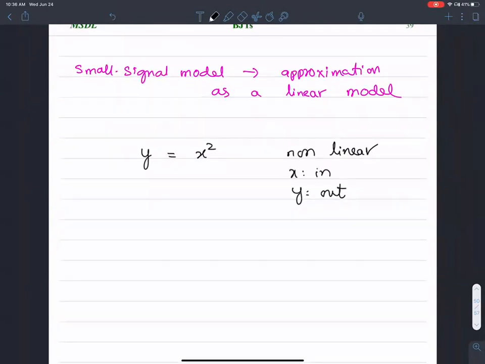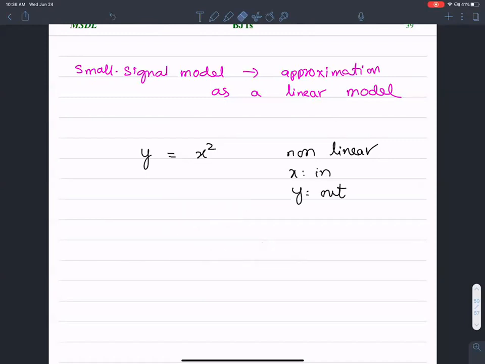What I mean by nonlinear is that if I add a value to x, the input, then the output does not follow superposition. The y output is not the same as the sum of the y outputs for each.